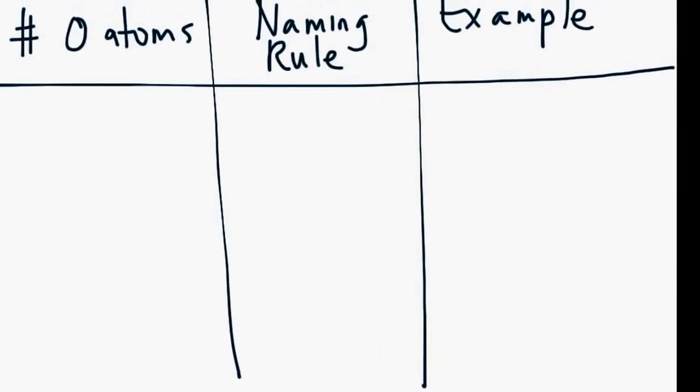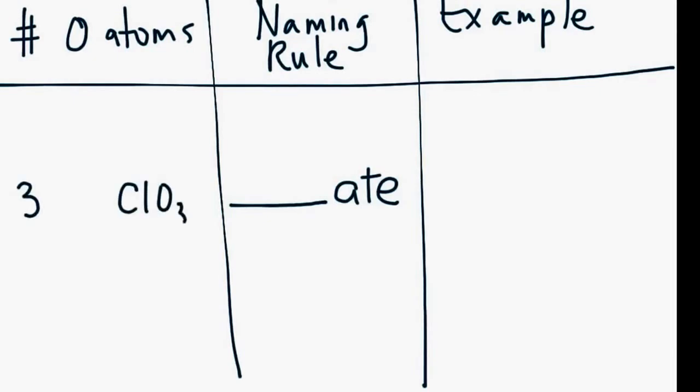Now, the halogens have a couple of extra ions that they can have. So again, if it is the parent ion, it is the halogen name ending in ATE. And for the halogens, it will be 3 oxygens, like ClO3 1-.